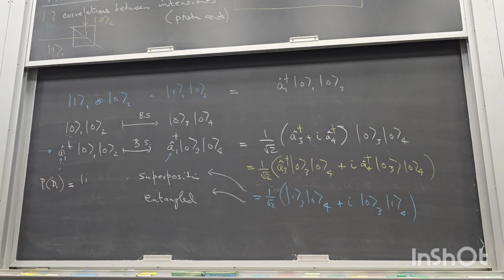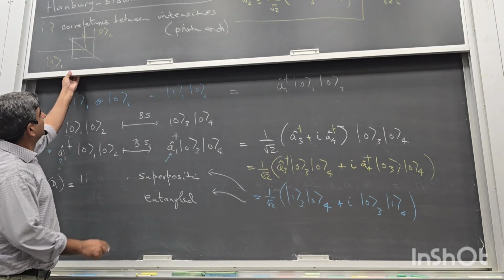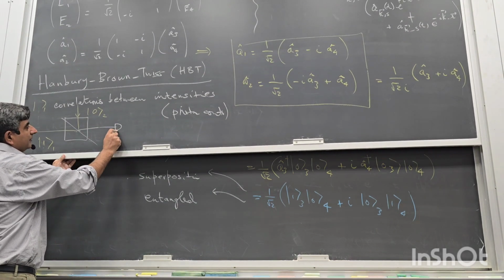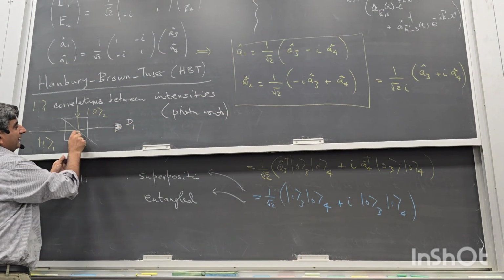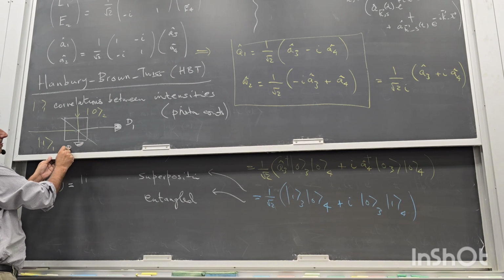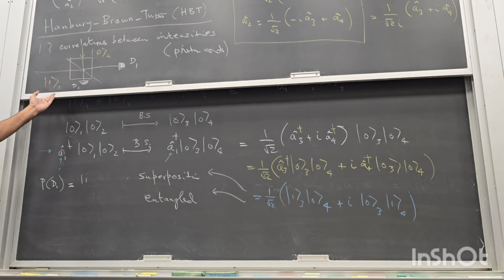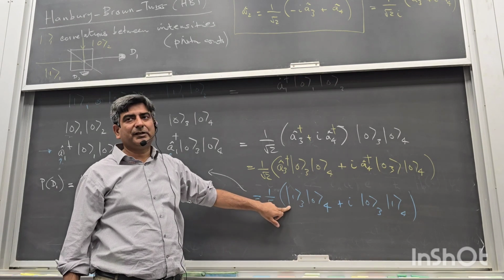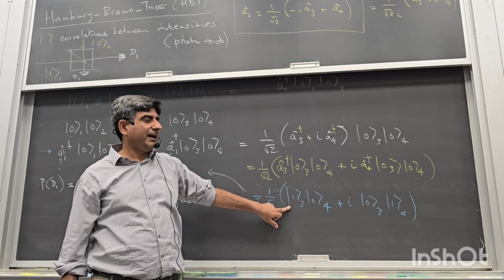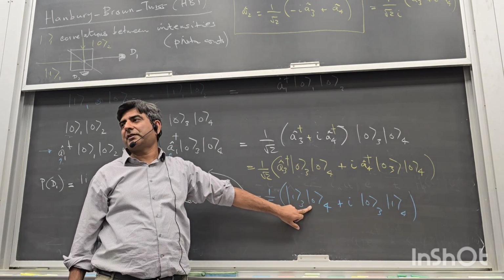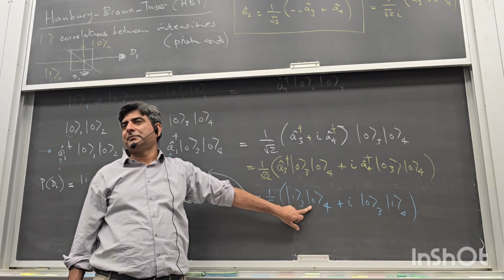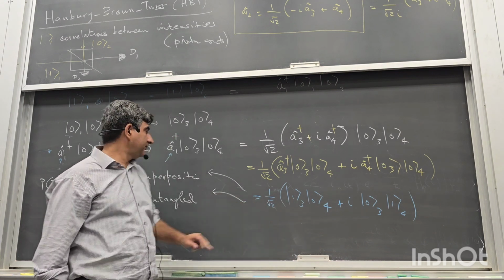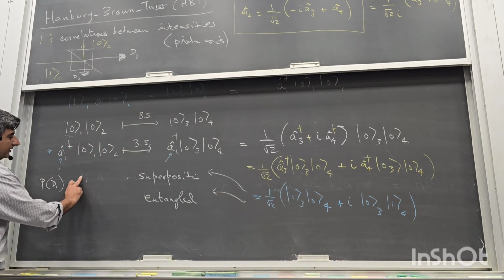Where is D1? Let's call this D1, right? Let's call this D2. The probability of detector D1 clicking is when there is a photon in channel number 1. And when that happens, there is no photon in channel number 4. So this probability is 1/2.